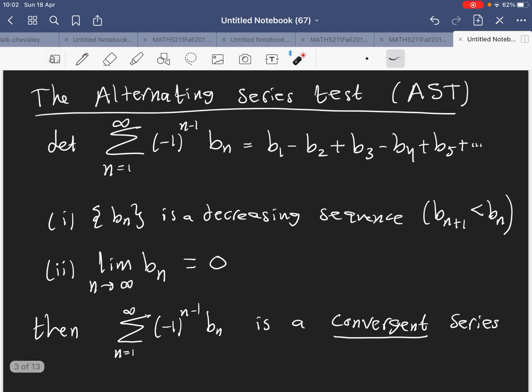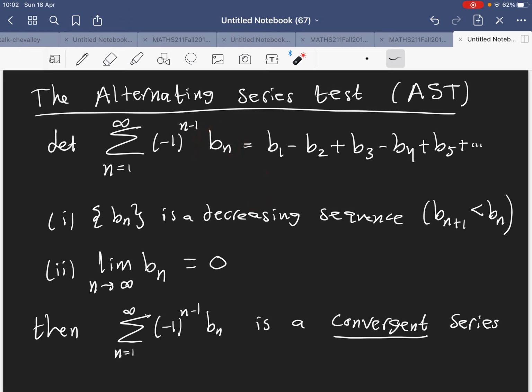It's in this slide here. We have an alternating series, plus minus, plus minus. You need to check only two simple things, and that's why we like the alternating series test. It's very easy to use. First, you need to check that Bn is decreasing. What do we mean by decreasing?